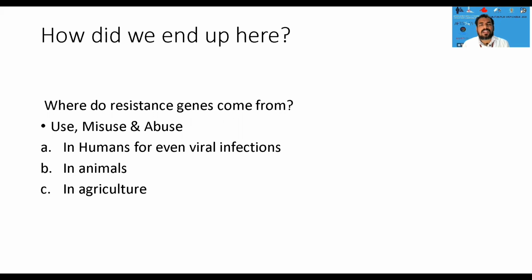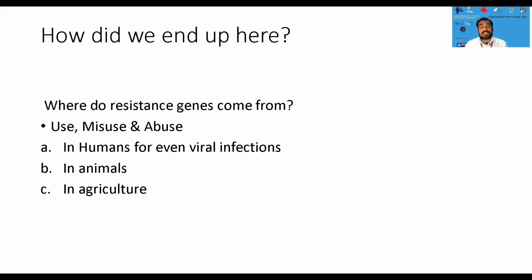When I say there is abuse and misuse, even in our COVID times, if we carefully look at the hospital data, we can see there is so much misuse of antibiotics for COVID infections. Essentially, we know that COVID is a viral infection, but 70% of hospitalized patients are getting some form of antibiotics. Even in OPD settings, for simple viral infections and flu, we are giving oral antibiotics. So it is basically antibiotic abuse in the healthcare facility.